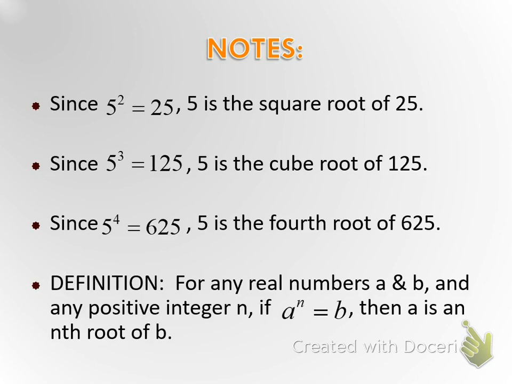Similarly, since 5 to the 4th power is 625, 5 is the 4th root of 625. So our definition here for any real numbers a and b and any positive integer n, if a to the n is equal to b, then a is the nth root of b.